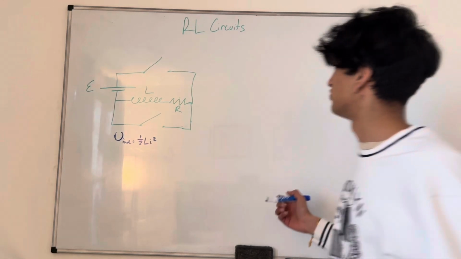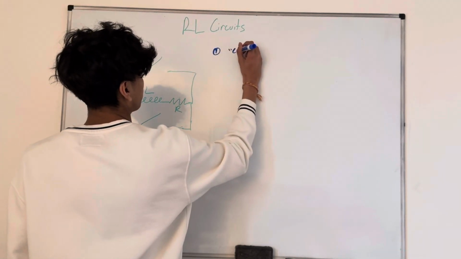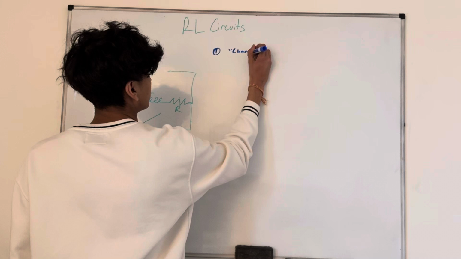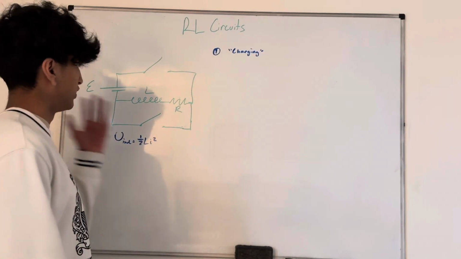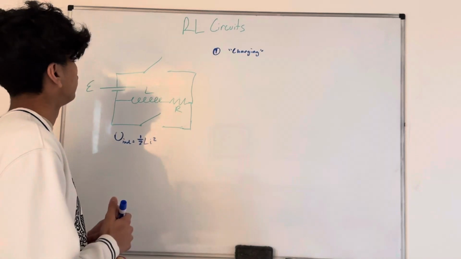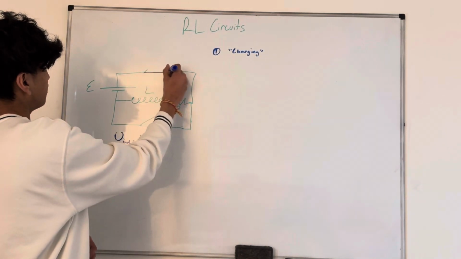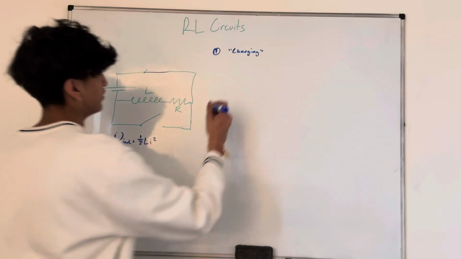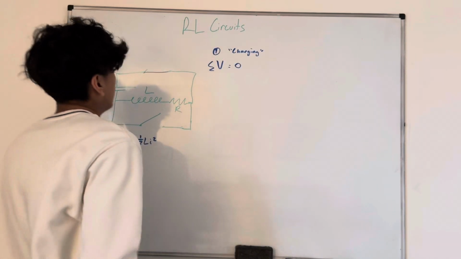And when you close this switch, let's say case 1, I'll call it charging. When you close that switch, you're going to get an increase in current. So let's just use the loop rule. When this switch is closed, the loop rule tells us that the total potential difference is going to equal 0.